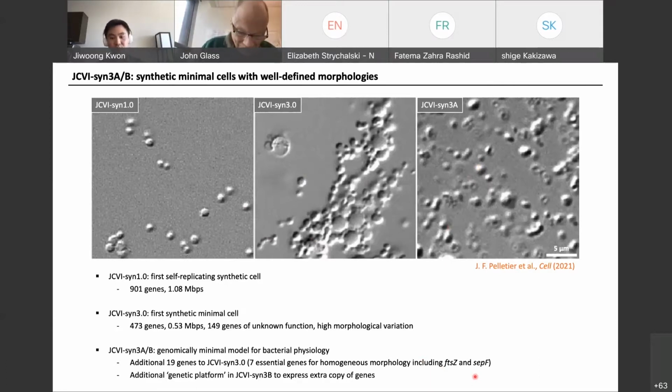So in this project, we aim to visualize some proteins inside SYN3A or B to provide structural details for a more comprehensive understanding of minimal cells.